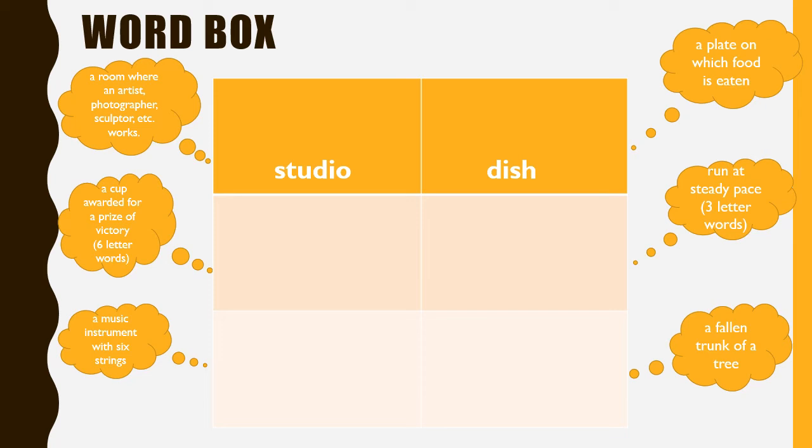Now let's move on. In the left side, the last hint, look at the last hint. It's a music instrument with 6 strings. Now in this last column, I did not give you any hint on how many letters the answer has. So here you have to come up with your own answers.